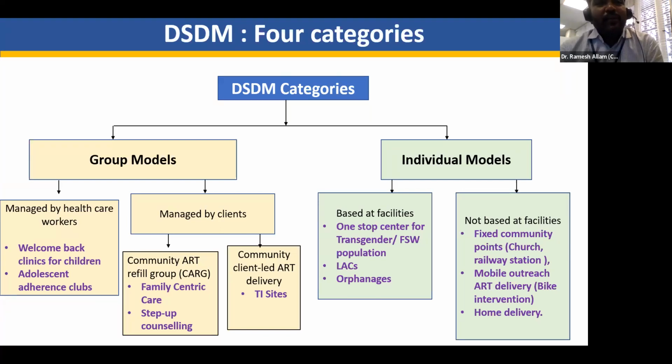And community or client-led ART deliveries are usually at the TI sites. And individual models are like our one-stop centers for transgender population, for female sex worker population, or our link ART centers, which is again a best example of facility-based individual models. And certain orphanages where the children are provided ART at the decentralized level and not based at the facilities.